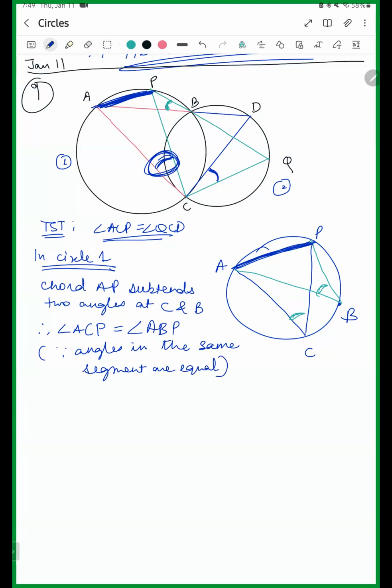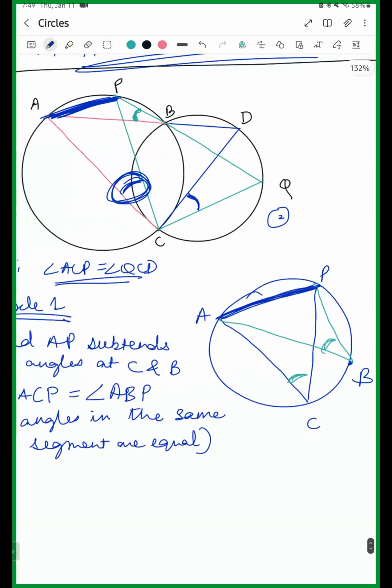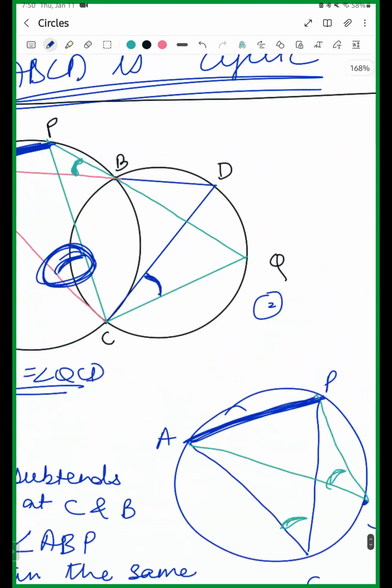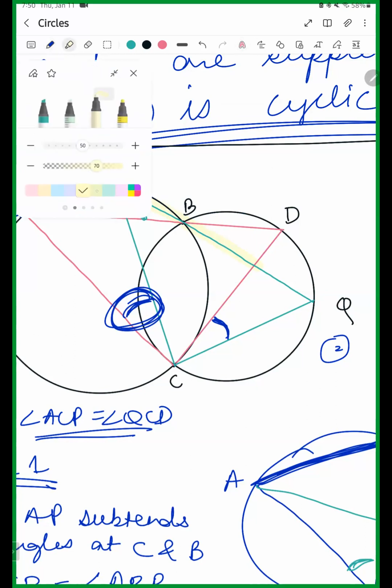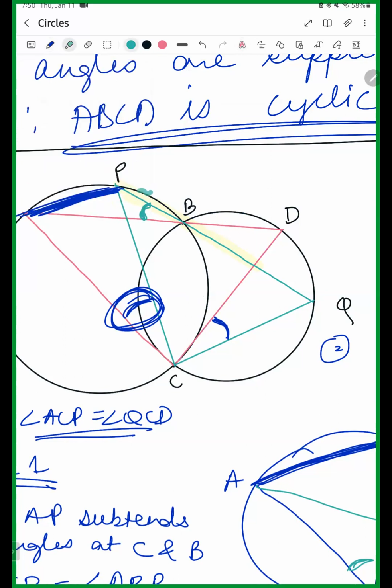Now, similarly, you can look at these two lines. Look at this line, the one I've highlighted in yellow, and look at this line.